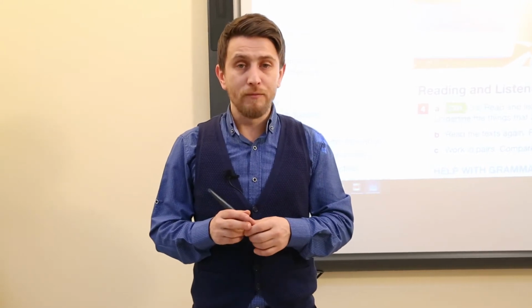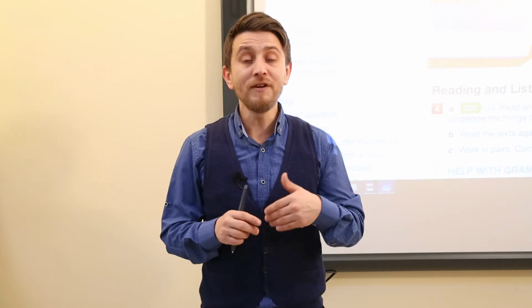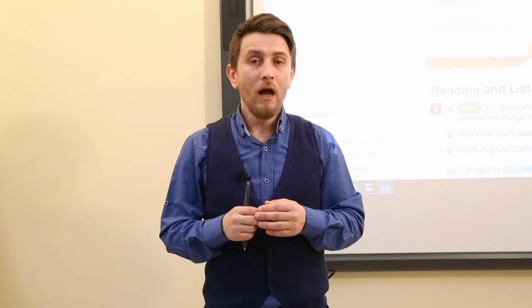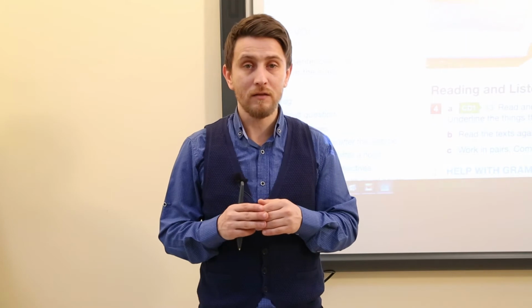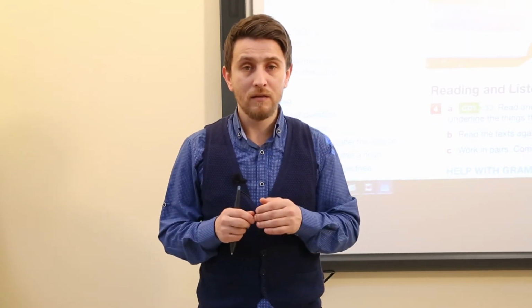The negative forms are I haven't got, you haven't got, we haven't got, they haven't got. And with singular subject pronouns he, she, it, we say he hasn't got, she hasn't got, it hasn't got.